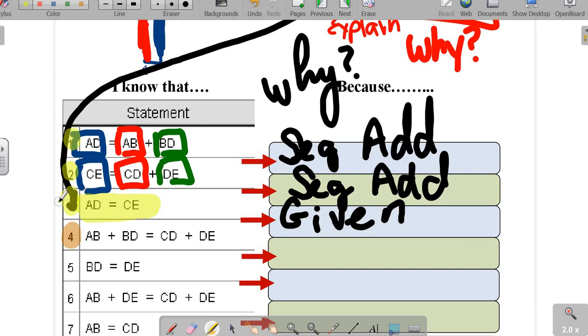Steps 1, 2, and 3 did what to get you step 4? See if you can ask yourself, what happened in steps 1, 2, and 3 that gave you 4? Think it through. 20 seconds of silence.